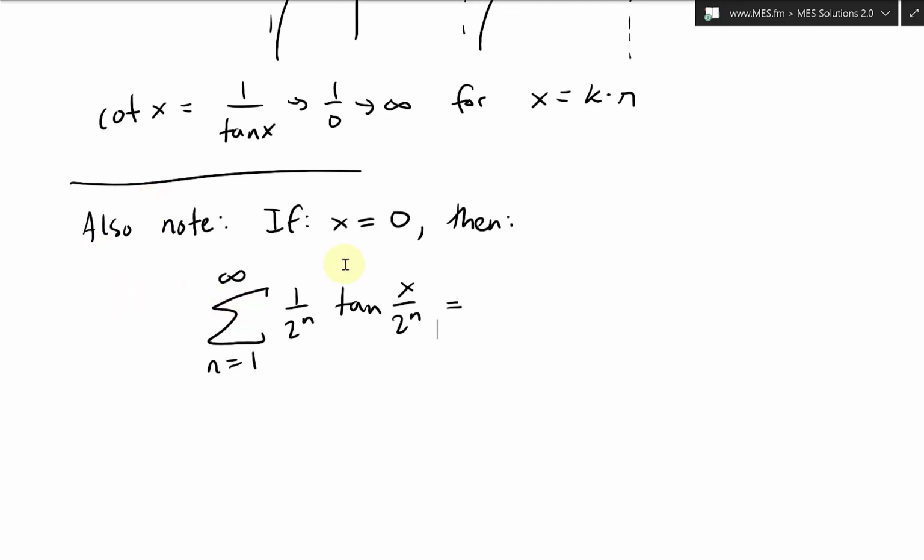Well, tan of 0 is just 0, and whatever the other factors are doesn't really matter, because every single term is going to be 0. So you have a 0 plus a 0 plus a 0, and so on. For any finite n, even if it's a super large number, you're still multiplying by 0, and this equals 0.